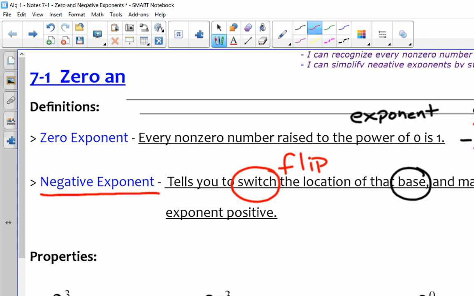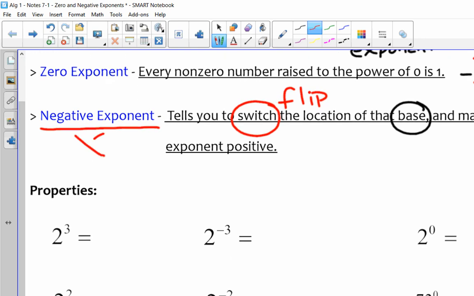And so really what I'm going to do is flip fractions. And when I do that, it makes the exponent become positive if it's negative. Okay? So we'll play with that as we go along here. But this is a big rule right here. You got to make sure you have that and know how to play with it, okay?